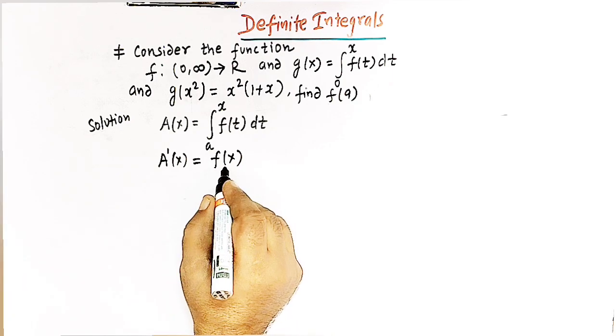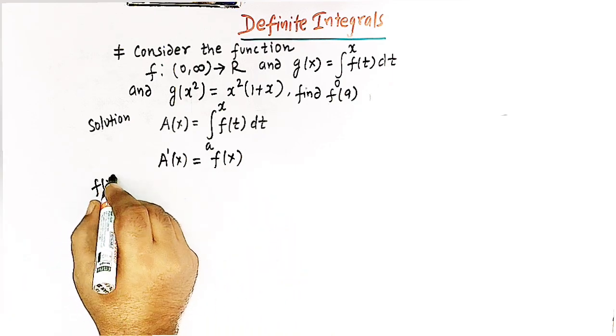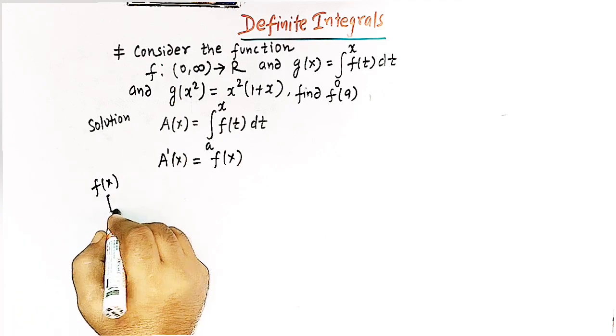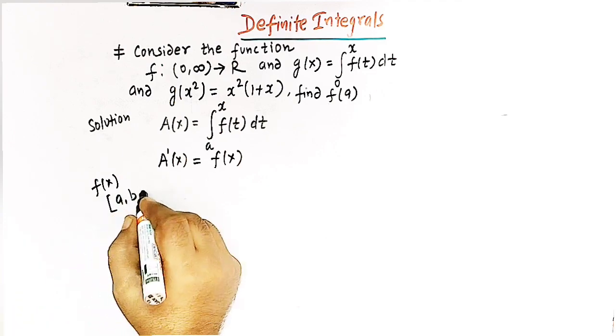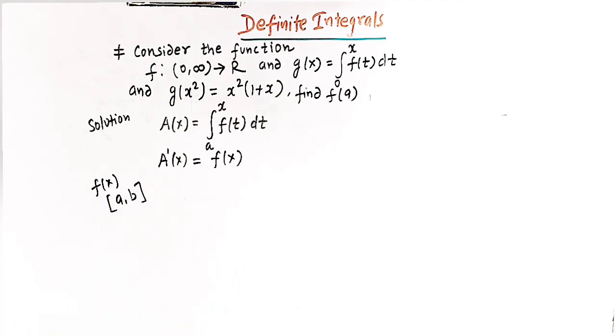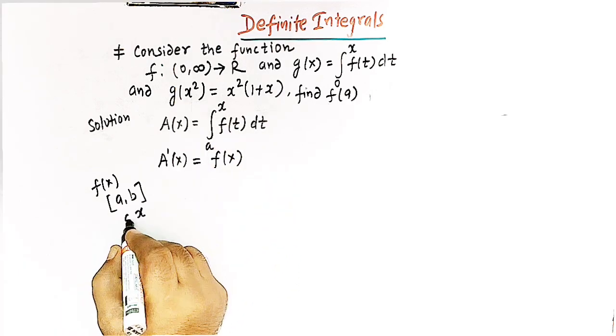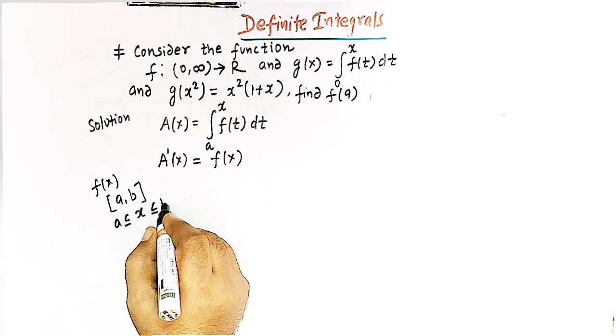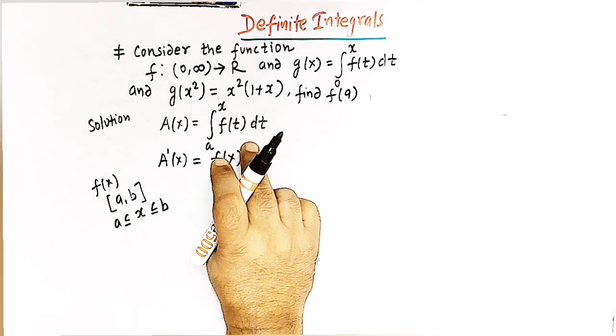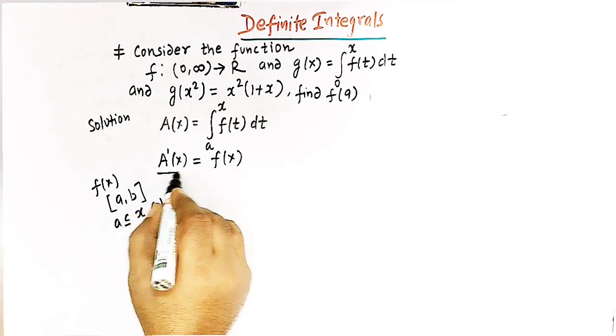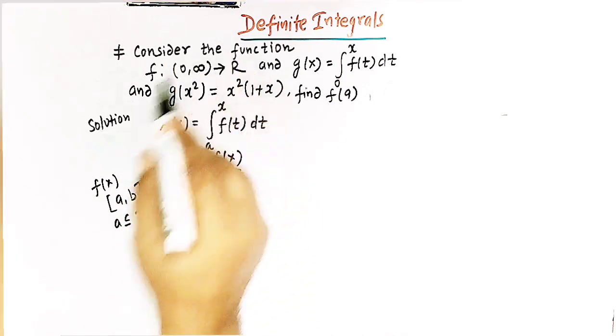Where this function f of x is a continuous function in the closed interval a comma b, and this point x lies between a and b, right? So we are going to use this statement to solve this problem.